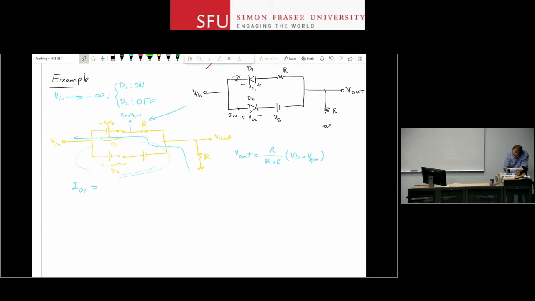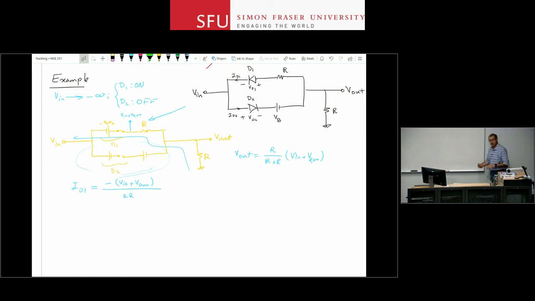So if you look at the voltages here, ID1 is going to be minus V in plus VD on over 2R. Right? The two resistors are in series, minus VD plus VD on plus V in over 2R.